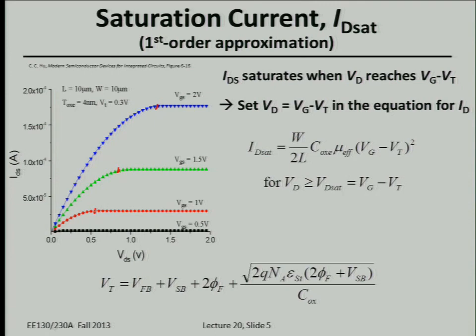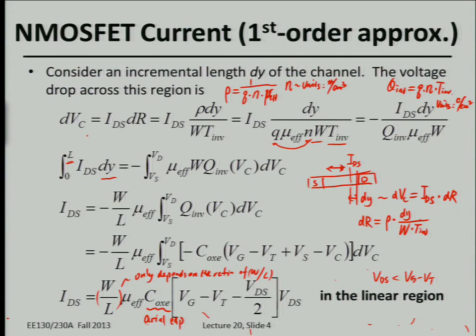But if you look at the whole range, the current versus voltage characteristics should be continuous, right? So once you reach the saturation region, you just pick the voltage at the saturation edge, which is at VD of Vg minus Vt, and plug it back into the linear drain current equation.